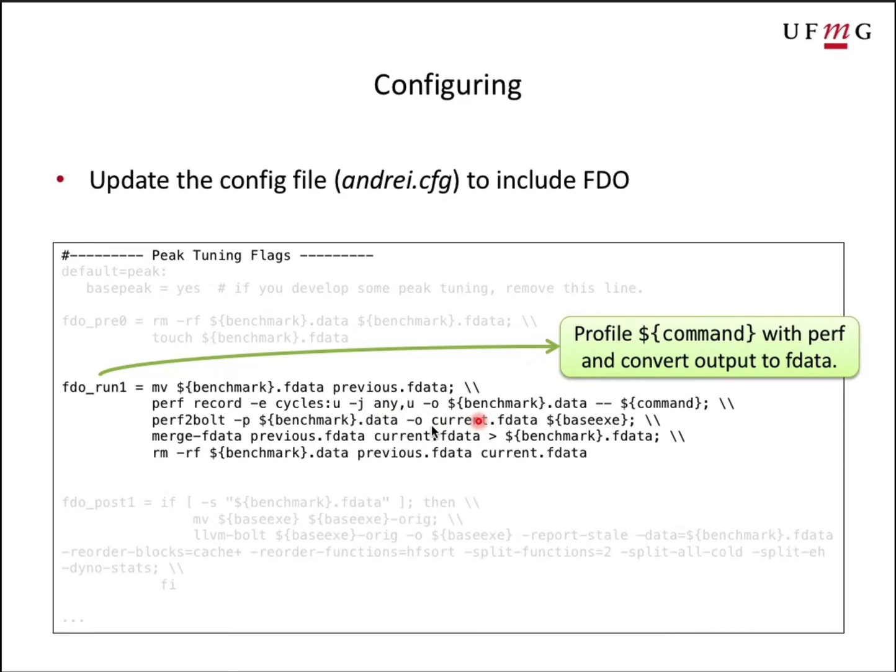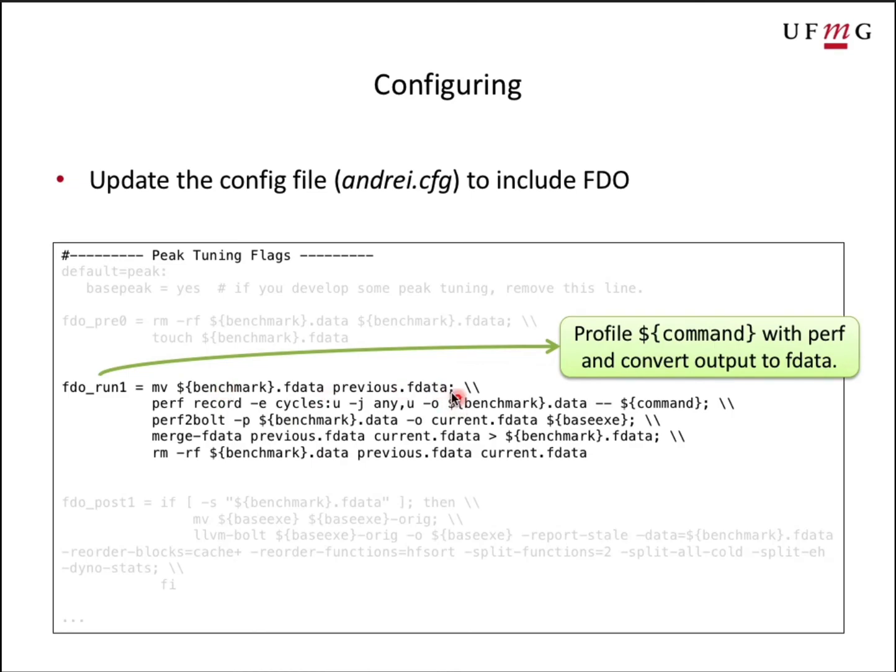So now I have previous and then current, and then I update the original file. So this is just a way so we can merge as we go, for every run, we are merging at a time. And then I just delete these intermediate files.